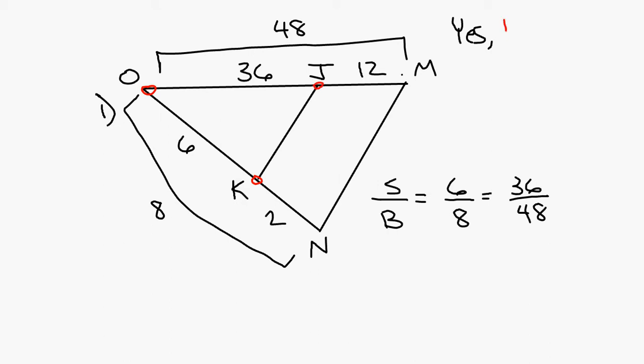KOJ is similar to, if we called the first one KOJ, don't we have to call the second one NOM? All right, similar to NOM. And it says to state the theorem or postulate, and we're going to say by side, angle, side, because they both share angle O.